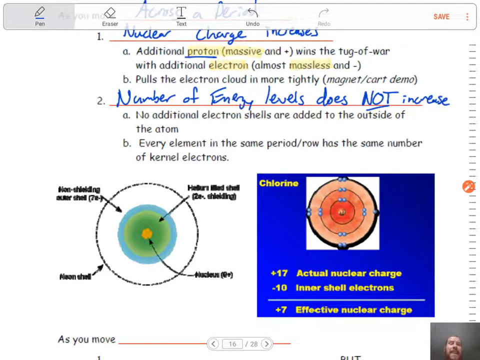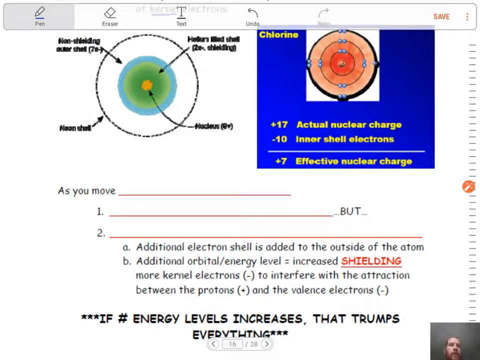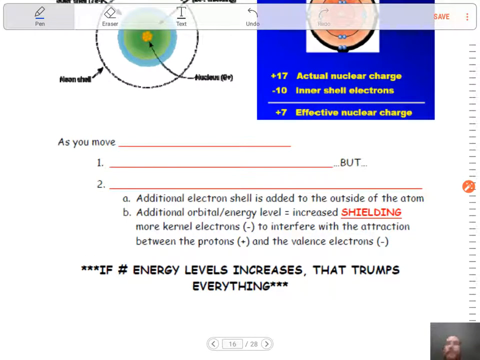So it's going to stay relatively the same size, again, allowing for that nuclear charge to start to pull in tighter. Think about 2 magnets, right? You've got positive and negative charges. They want to pull each other in. Opposites attract. Every element in the same period or row has the same number of kernel electrons as well. Okay, their valence shell are changing, but the kernel ones are staying the same. So you got a couple of different graphics there that can kind of help you understand that a little bit more. If you have questions, again, ask.